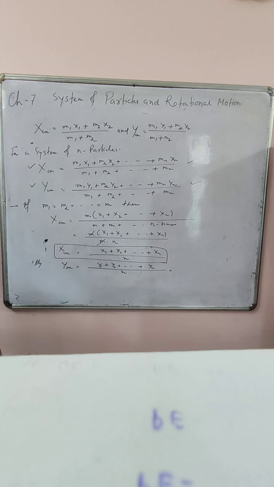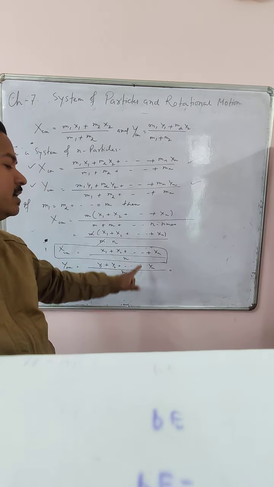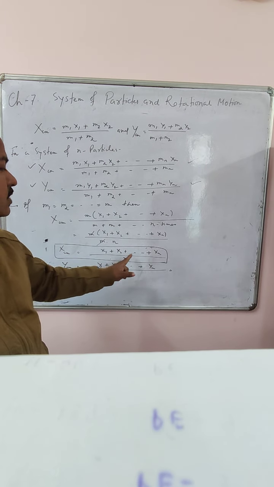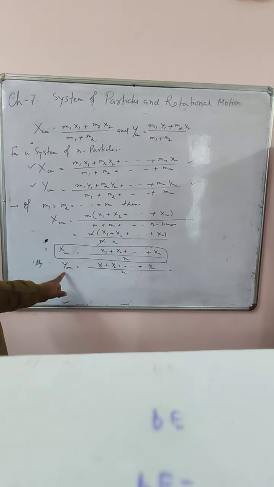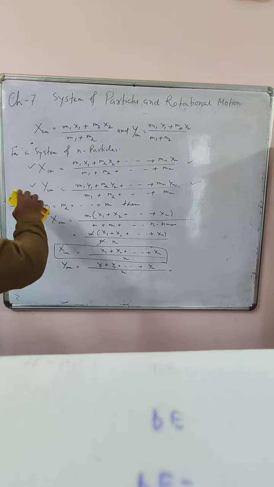So this way you can find out the coordinate of center of mass if masses are equal: simply x1 plus x2 up to xn by n, and ycm will be y1 plus y2 up to yn divided by n.